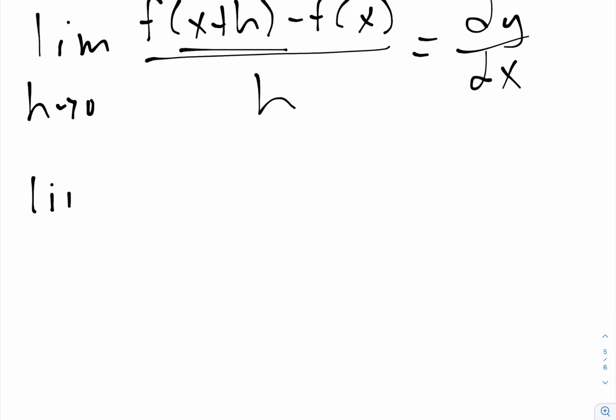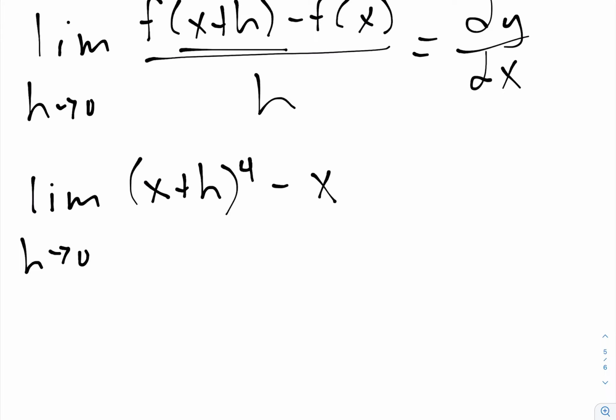So it's going to be the limit as h approaches 0 of x plus h to the fourth, right, minus x to the fourth. Okay, so the one you're subtracting is always the original function, and then x plus h is always going to be your input for x of the original function, divided by h.